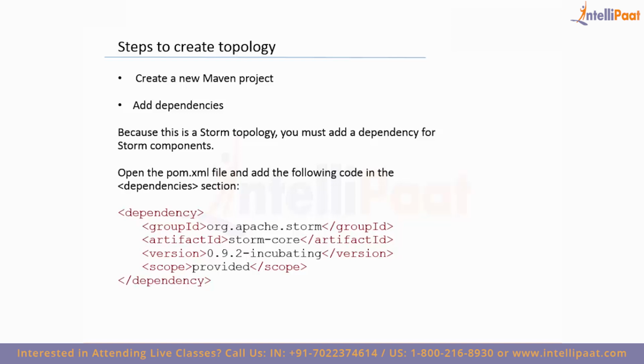As you can see in the following lines, you can see an opening and closing tag of dependency, which is adding a group id org.apache.storm, and the artifact id is storm-core. Looking at this dependency, we can easily figure out that we are talking about the Storm core jar, which is going to have all the basic required class files for our code to execute.